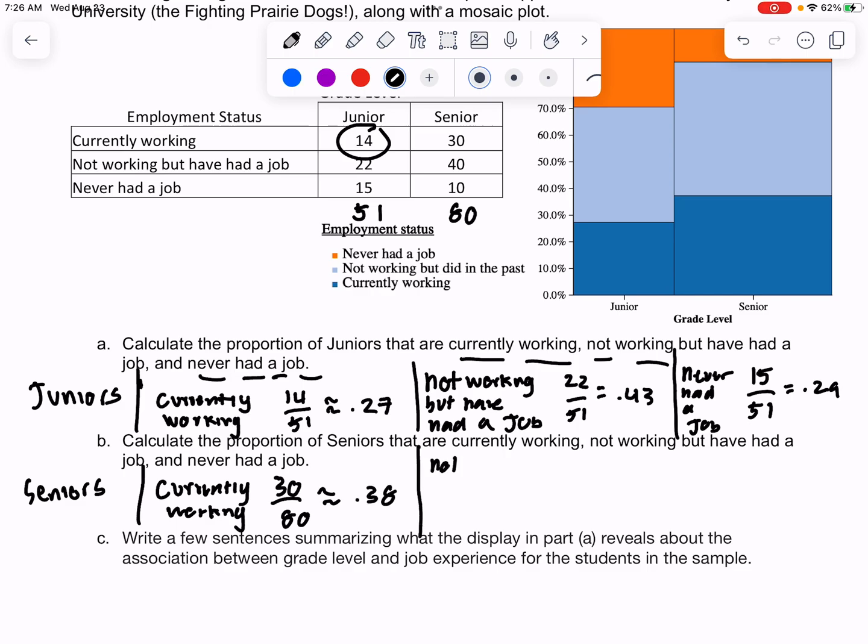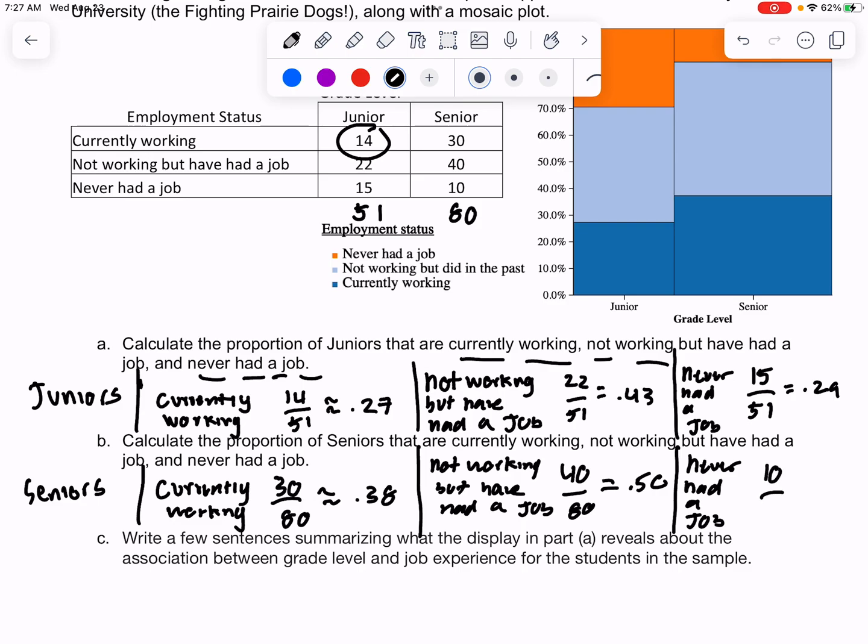Not working but have had a job, well, that would be 40 out of 80, which is 0.50. And then never had a job. That's 10 out of 80, which is 10%, or point. Oh wait, that wouldn't be. It'd be 0.13. I think I need it over 10.